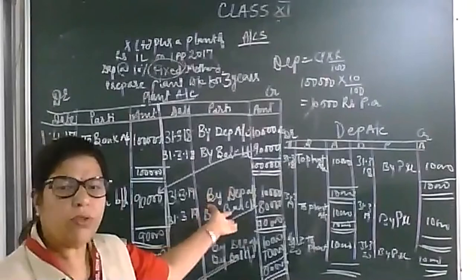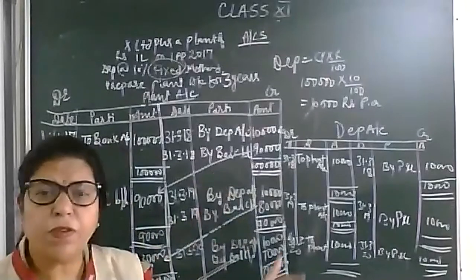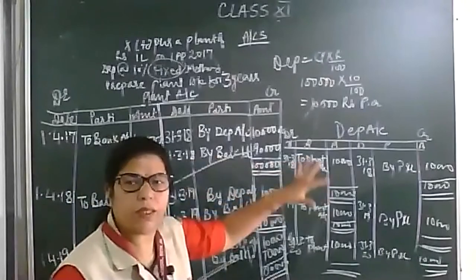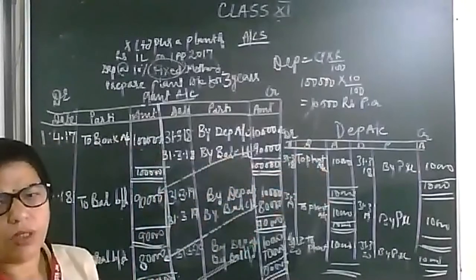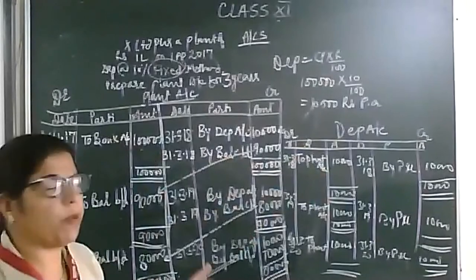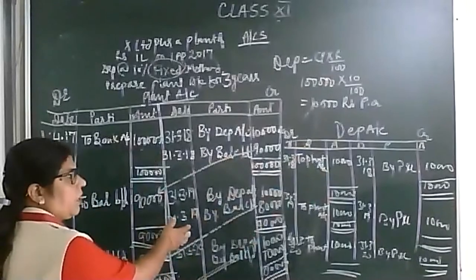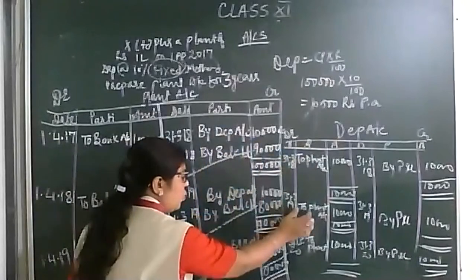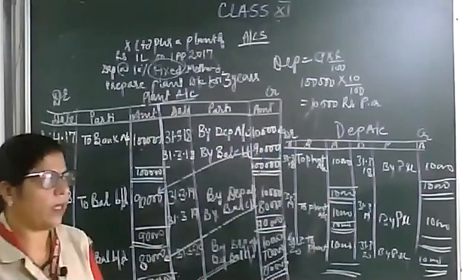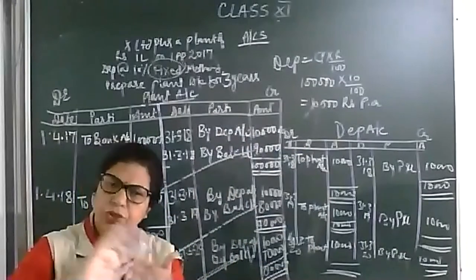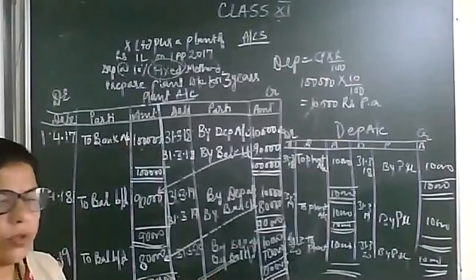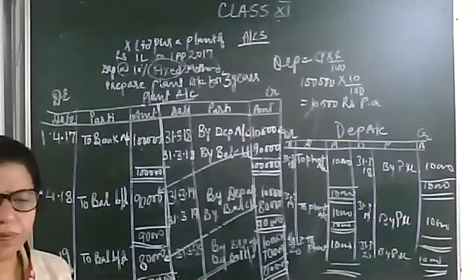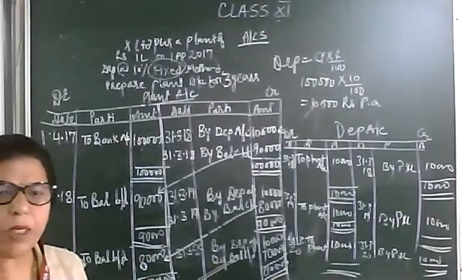See the plant account, and with the help of this main account we have to prepare other additional accounts. The depreciation account is always prepared with the help of this account. Whatever amount is written here, we will transfer here, written here, transfer here. And that amount will be transferred to the profit and loss account. Simple. Okay? I'm sure you must be able to understand.